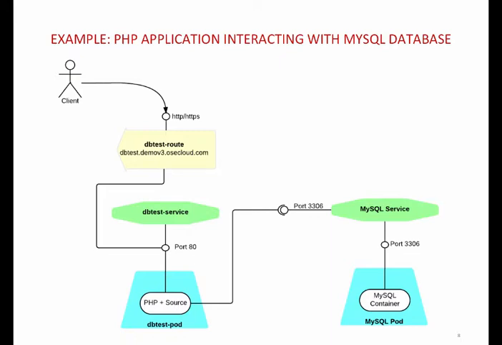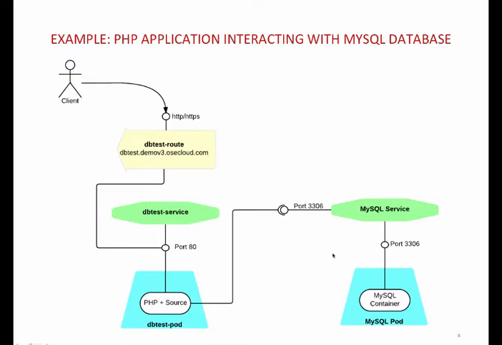We are going to use a MySQL image from Docker Hub here for deploying the MySQL service. And for the source code, we'll have our own source code, create a Docker image outside of OpenShift, and use that within OpenShift, deploy it within OpenShift, and use it to access this MySQL service.